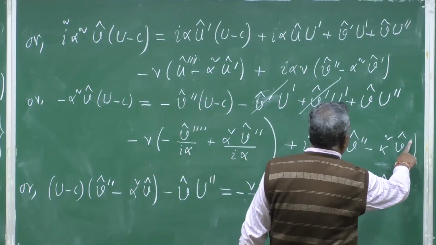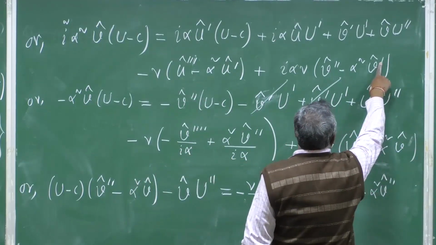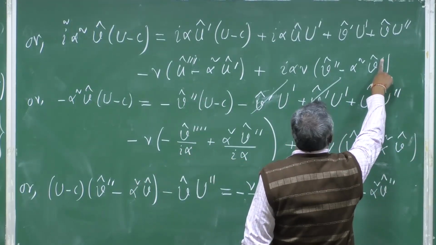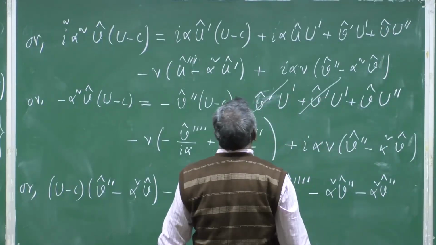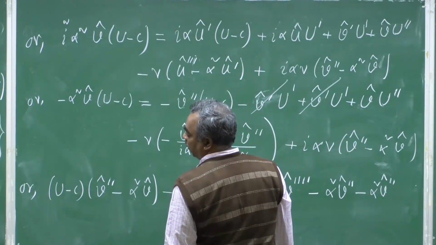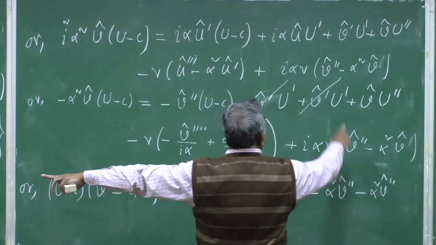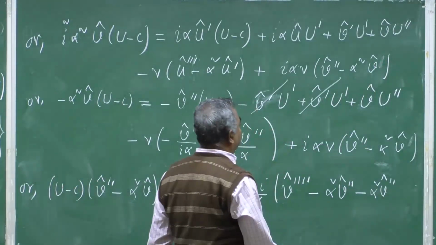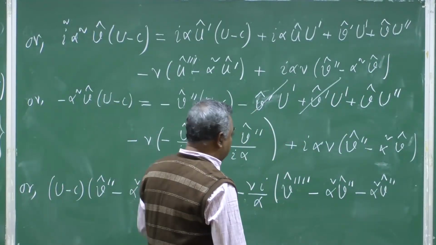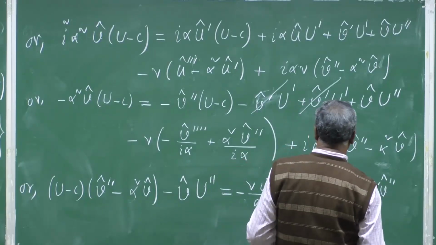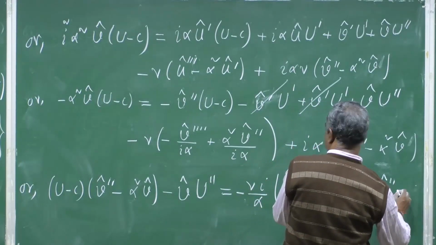So, here no prime is there. There is a mistake here, no prime will be here. Sorry, no prime is going to be there. So, the last term, that is v double prime, α squared v hat, no prime. So, this one and what is this?